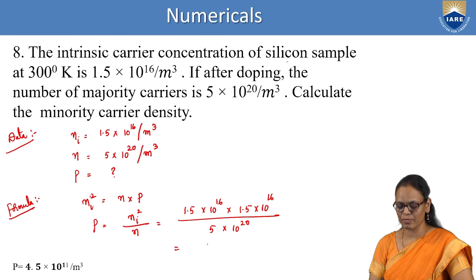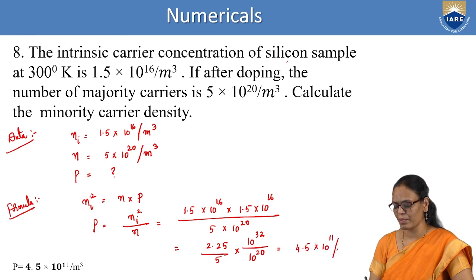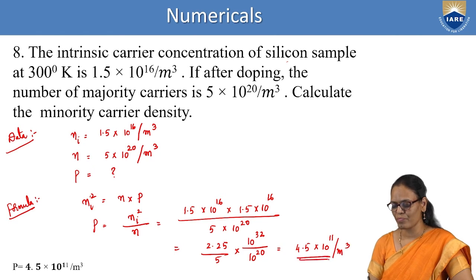So here you have 2.25 by 5 into 10 power 32 by 10 power 20. So you will get it as 4.5 into 10 power 11 per meter cube. So the minority carrier density, meaning the number of holes per unit volume, is given by 4.5 into 10 power 11 per meter cube.